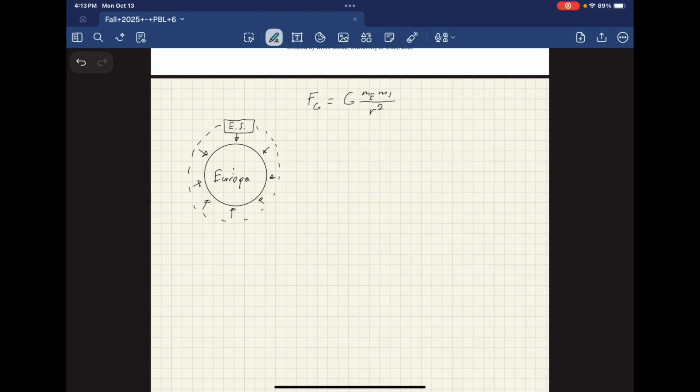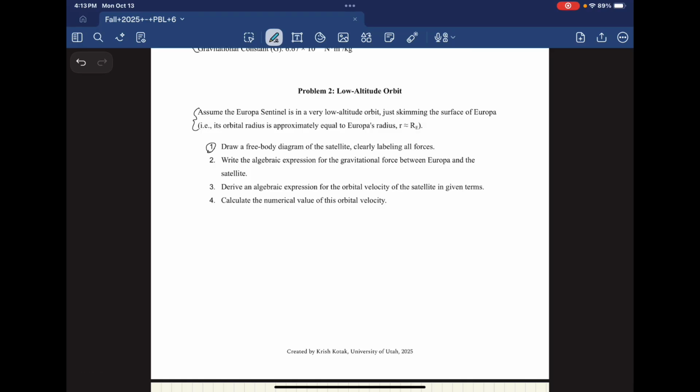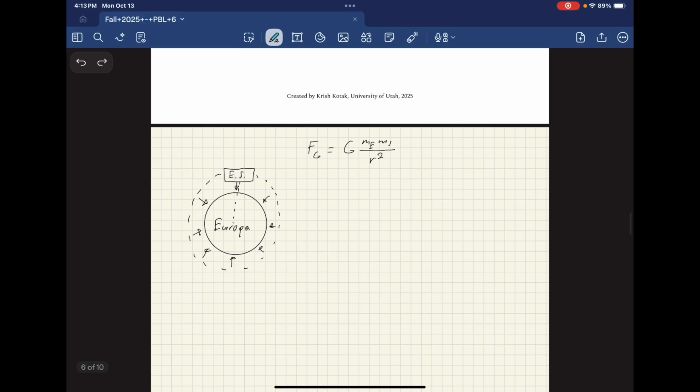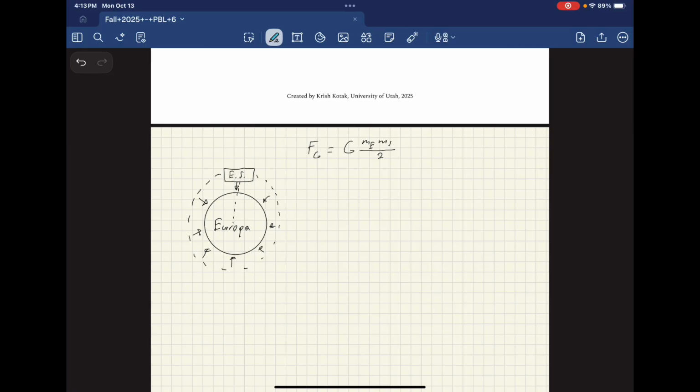And then that radius is going to be this distance here from the center of Europa. So, using this assumption here that they're approximately equal, we know that this radius is actually the radius of Europa.